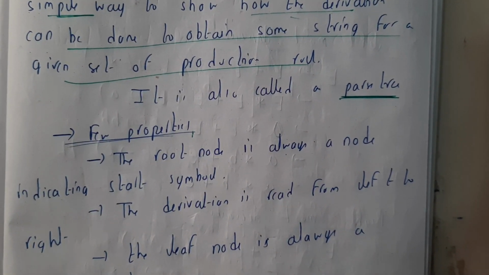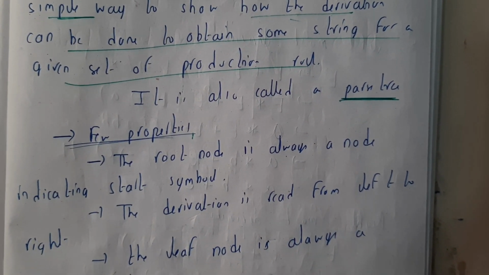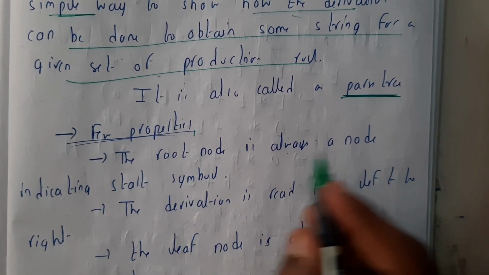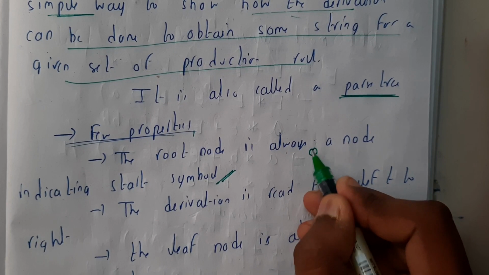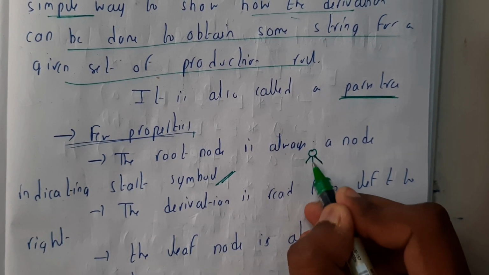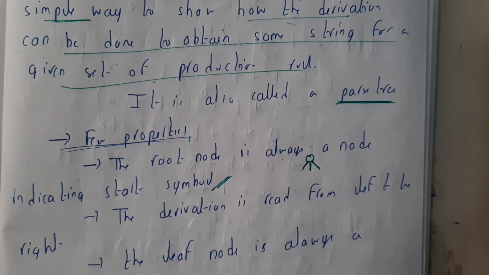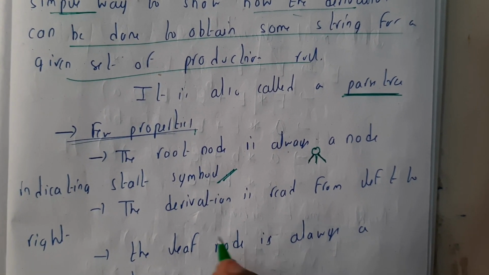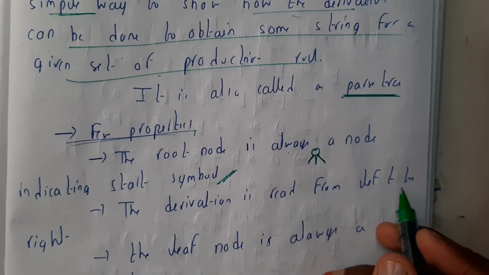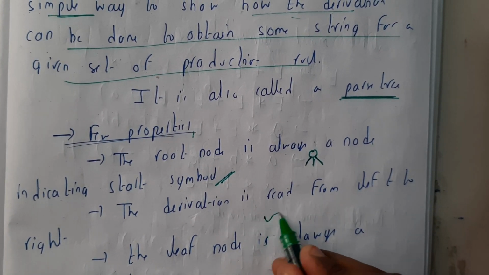A few properties of this tree: the root node is always the node indicating the start symbol. The first node is the root node, the topmost node, the parent of every node. The derivation is read from left to right, so the reading of the string will be left to right.